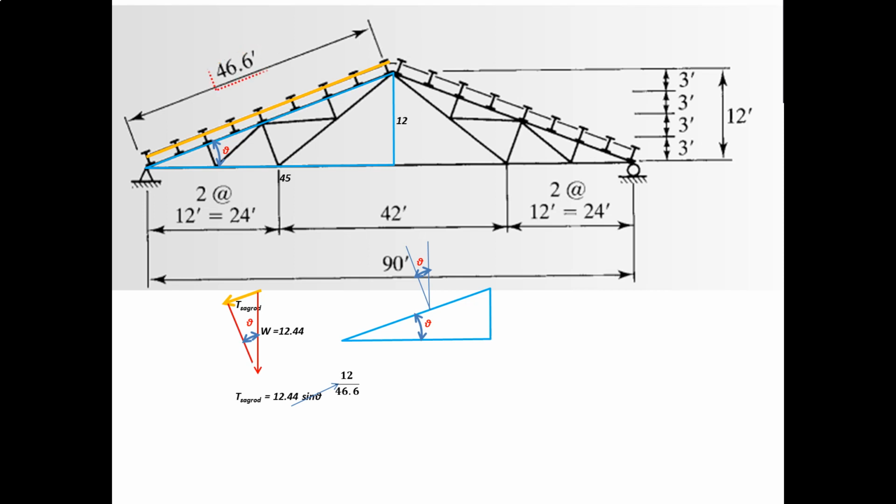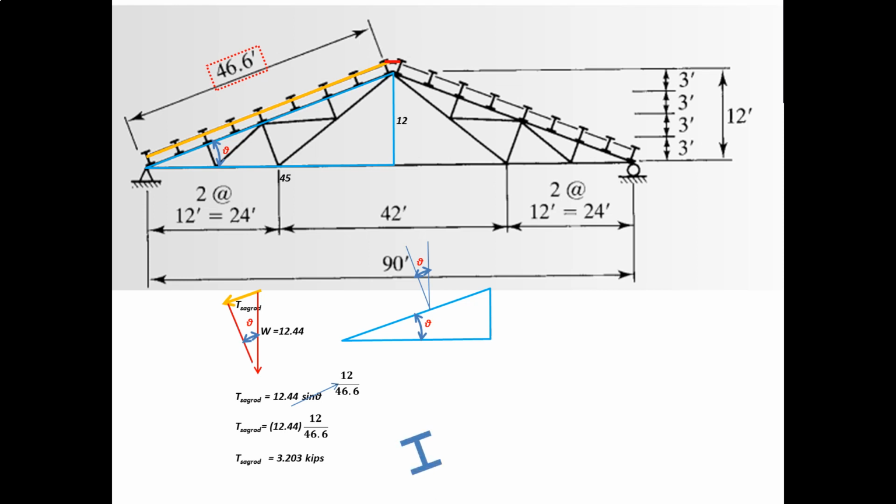So 46.6 is the inclined dimension, which is actually the hypotenuse. T sagrod is equal to 12.44 times 12 all over 46.6. T sagrod is equal to 3.203 kips.